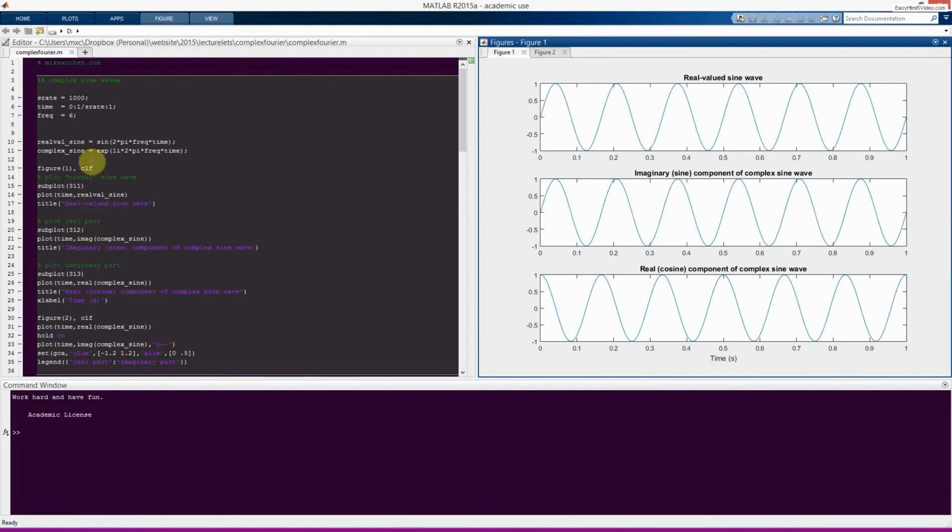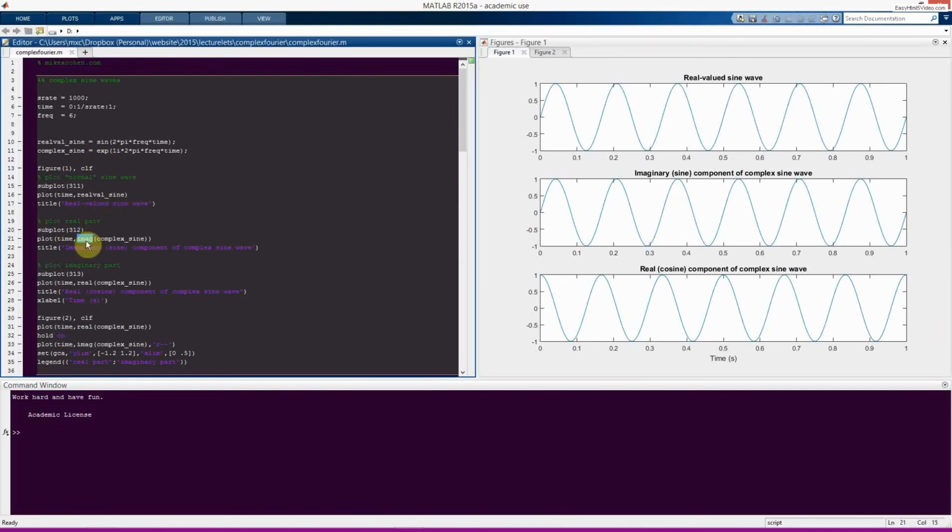We access the real part and the imaginary part using the MATLAB functions imag, for imaginary, and real for real. So this just extracts the imaginary part of the complex sine wave and the real part of the complex sine wave. So you can see that the real valued sine wave looks a lot like the imaginary part of the complex sine wave.